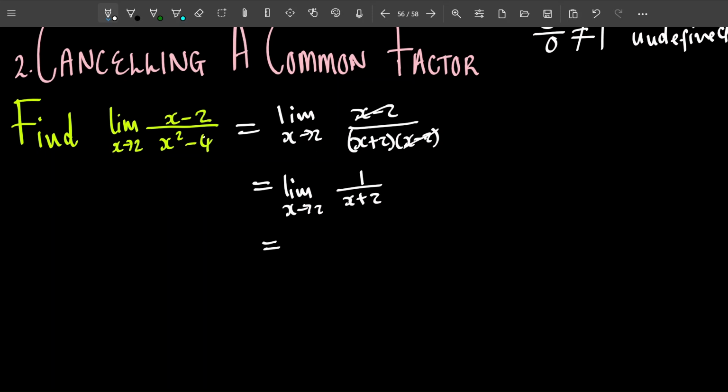So now I continue. If you want to be fancy, you could say it's going to be the limit as x approaches 2 of 1 divided by the limit as x approaches 2 of x plus the limit as x approaches 2 of 2.